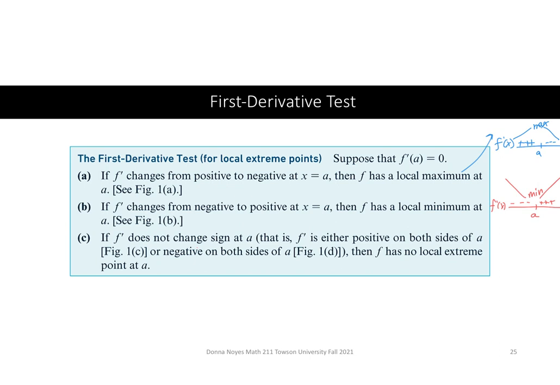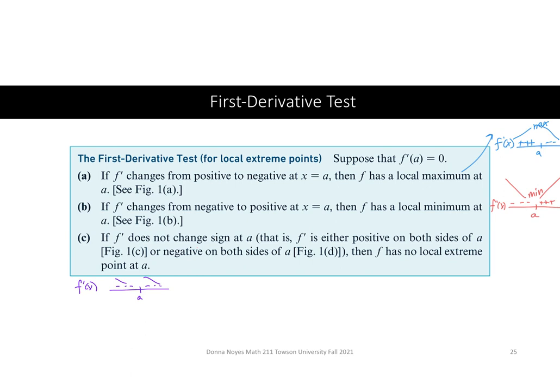The only other option we didn't really look at was what happens if it's the same sign on both sides of a. So perhaps f prime of x has a number line that looks like this, where it's negative, and then it's still negative. So it's decreasing, and then it stops, and then it's decreasing again.